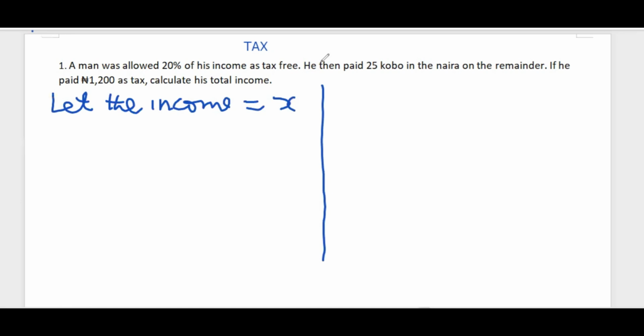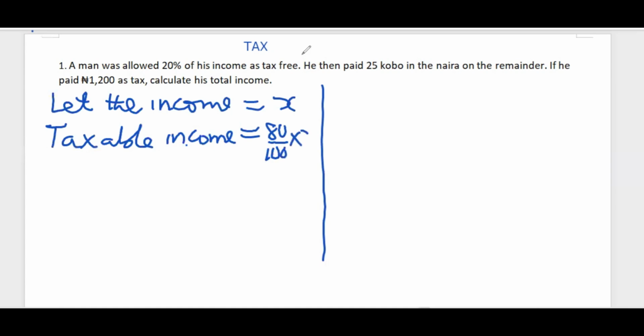That means the one that will be taxed is what we call taxable income. Taxable income will now be 80% of X, because we already exempt 20% to be tax-free.